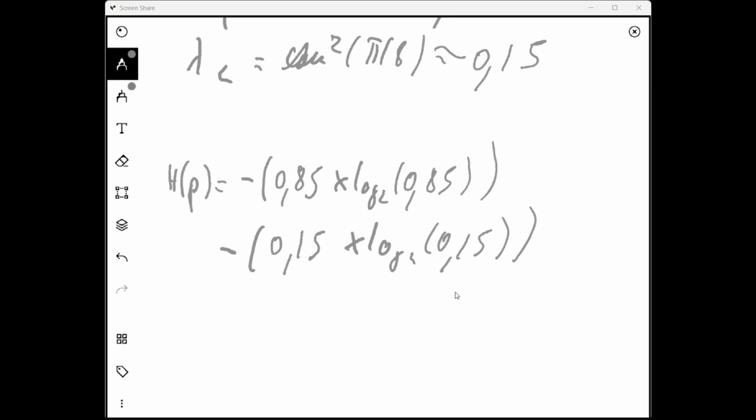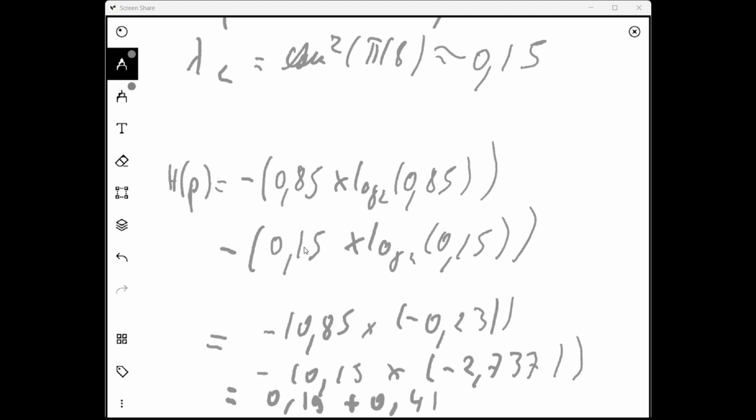If you calculate this, I'll pause the video, it's just calculation, and it's about 0.6 if you calculate the logarithm. So we have 0.6 bits or qubits.